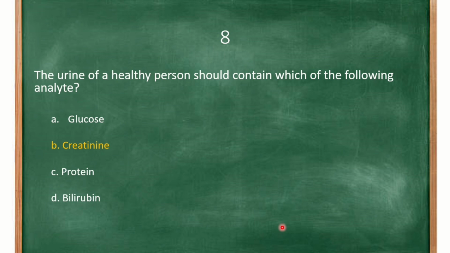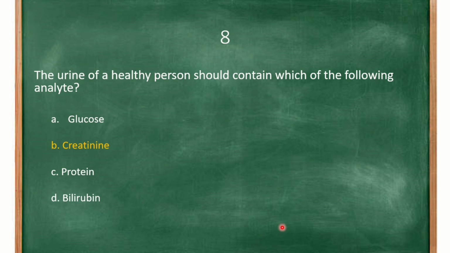If you look at option A, glucose, when you have glucose in your urine, it means you are not healthy. This is usually associated with diabetes mellitus, which occurs when the glucose level exceeds the renal threshold. Then you see glucose in urine. It's not a good thing at all.